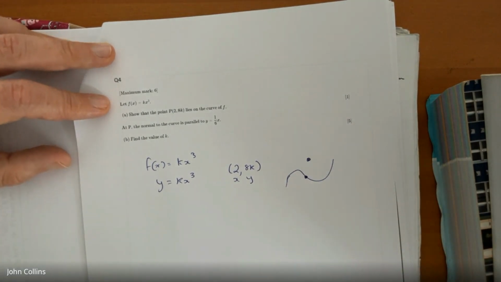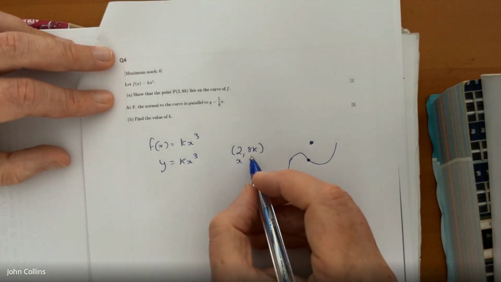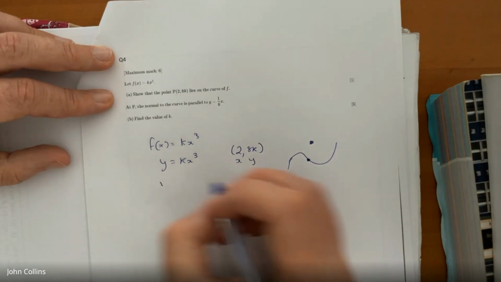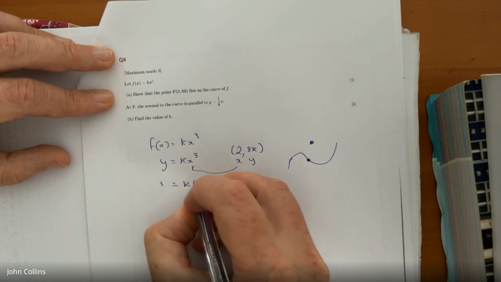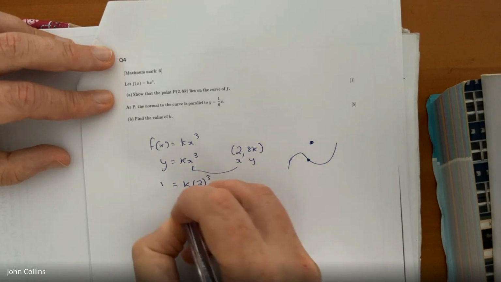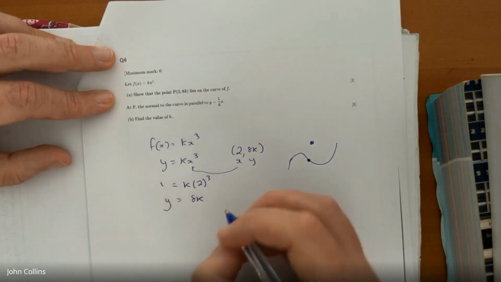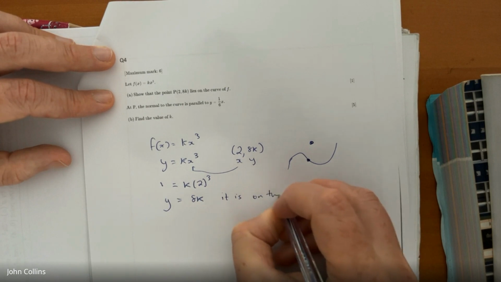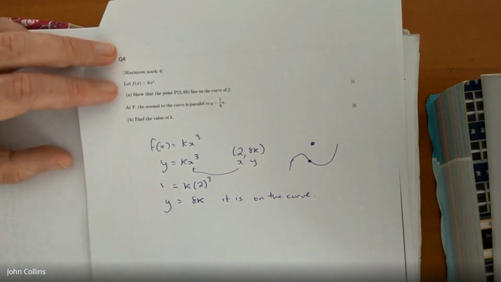It'll give a nonsense answer. So let's see if it does work. So if I sub in 2, I should get out 8k. I get k times 2 cubed, and that is 8k. And that does work. So y is 8k, so it is on the curve. It works out. If it gave 10k, it wouldn't be on the curve.